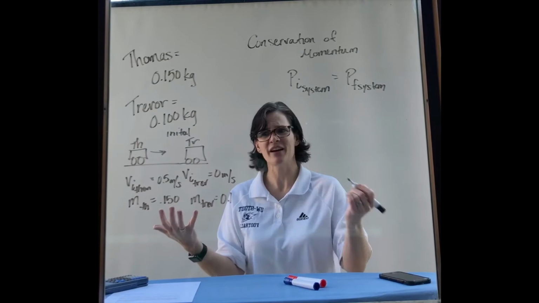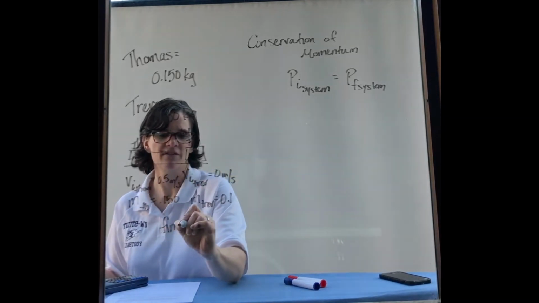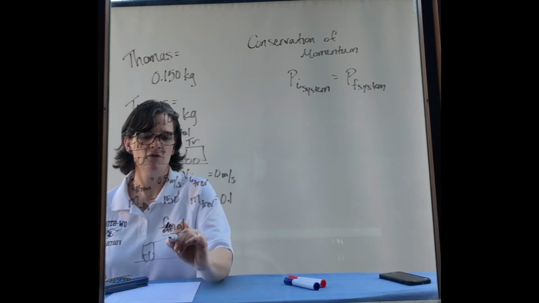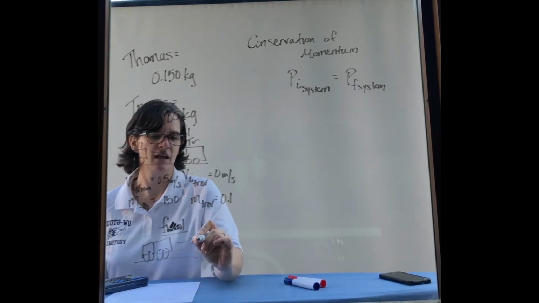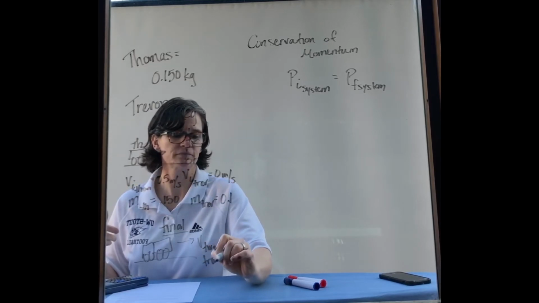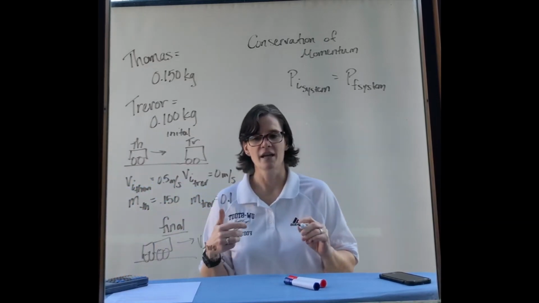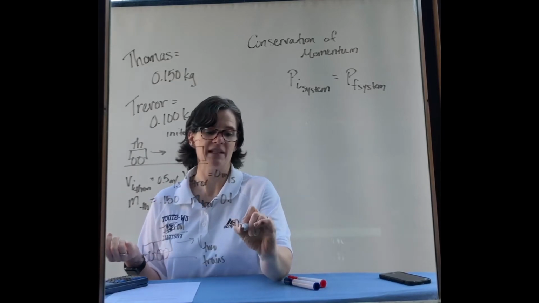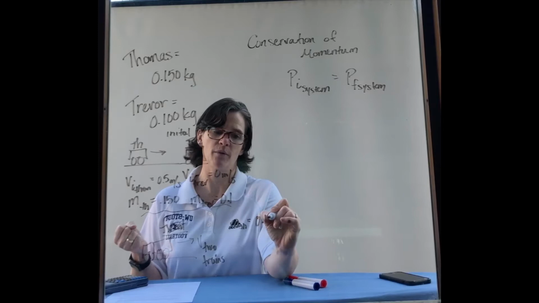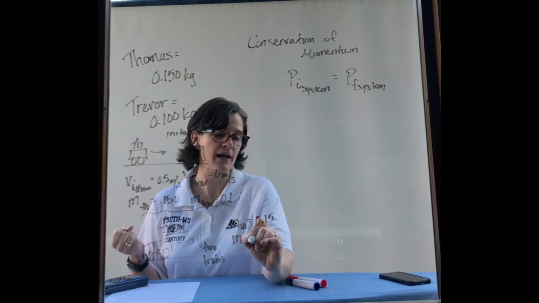Well, what happens in the final case? In the final case, we have Thomas and Trevor moving off together at some velocity of the two trains together. Our mass of Thomas hasn't changed in the final condition. It's still 0.15. And our mass of Trevor hasn't changed.